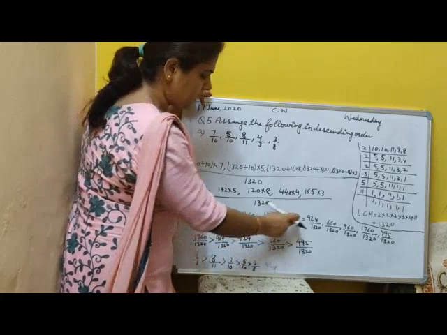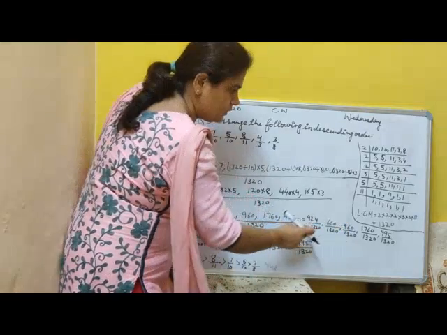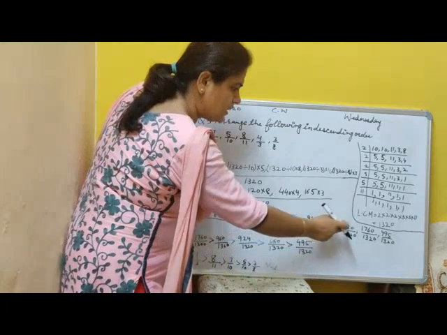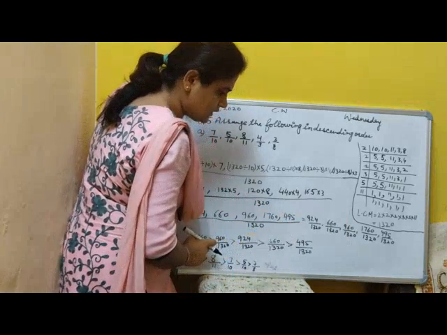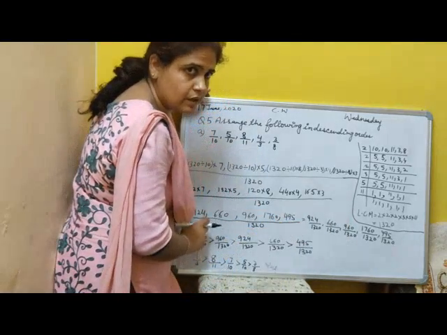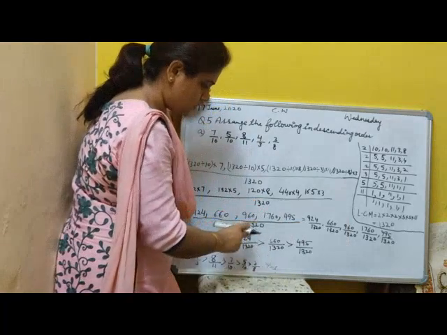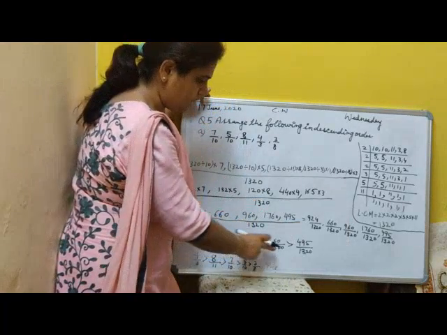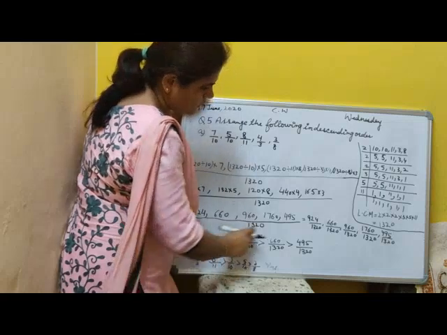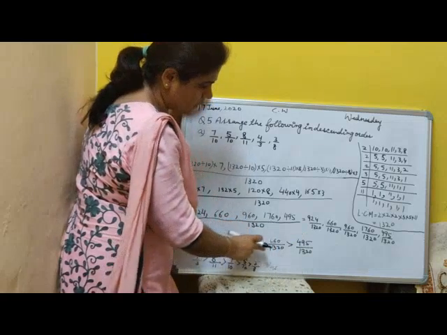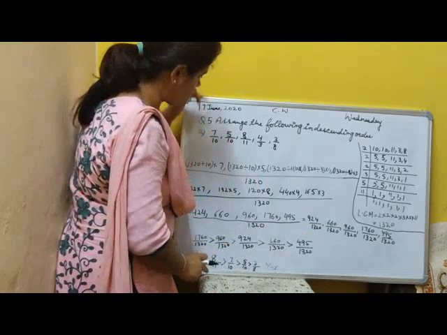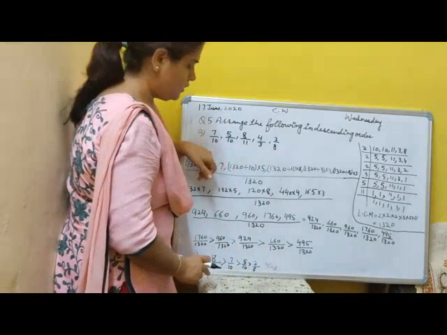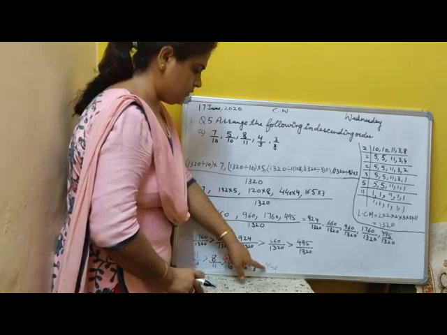After that I have separated the denominators, and I will arrange these numbers in descending order. Descending order means from bigger to smaller. After writing it in descending order, you will write the equivalent fractions which were given in the question, and this will be your answer.